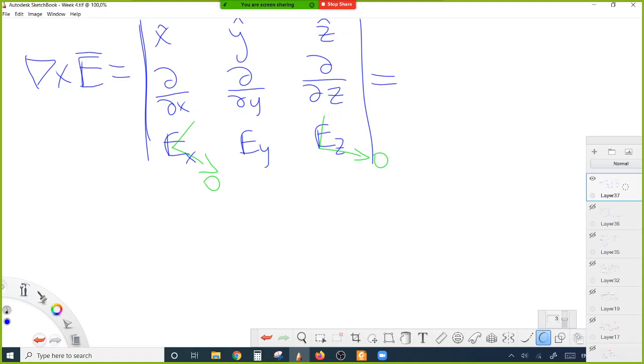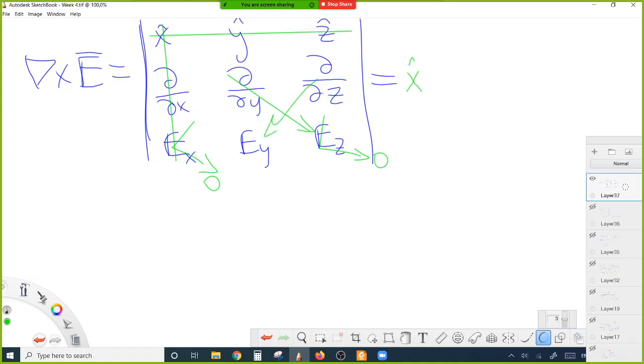And if we compute this, if we take the first row and column, we have dy times 0.